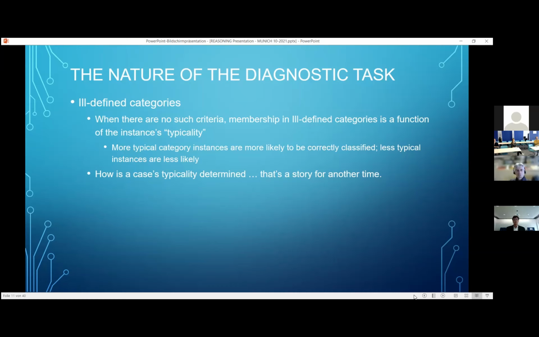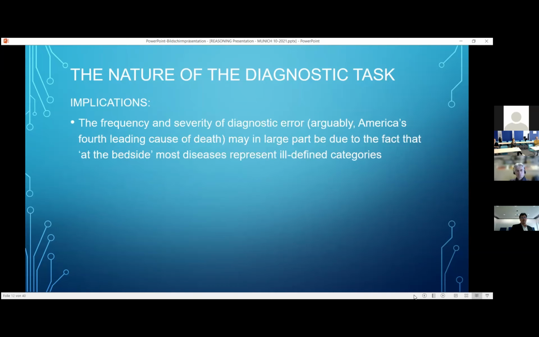Well, that's been a large part of my research, and it's simply too much to talk about for today. So hopefully we'll have a chance sometime in the future to get into the notions of typicality. But in the meantime, there are these implications. The frequency and severity of diagnostic error, which arguably in America is the 4th leading cause of death. There was a time when death was caused by disease.